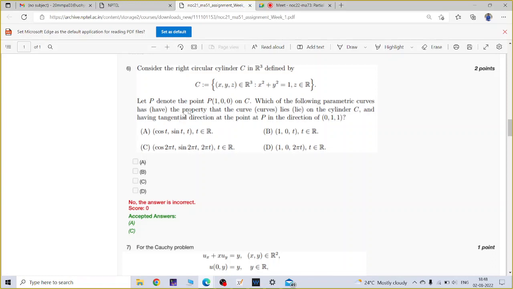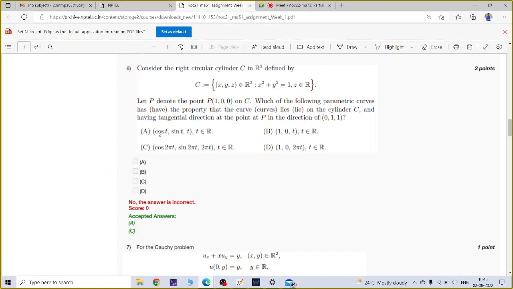Lies on the cylinder means it is satisfied for all t. Take cos t, sin t and t, that is, the x value is cos t, the y value is sin t, the z value is t. So lies on the cylinder means it satisfies x square plus y square equal to 1, this identity, and z is in R. So anyone tell me, option A, does it lie on the cylinder or not?